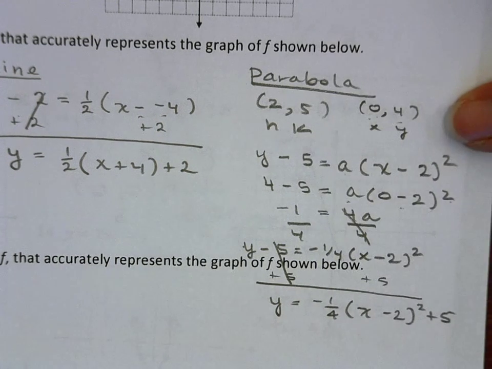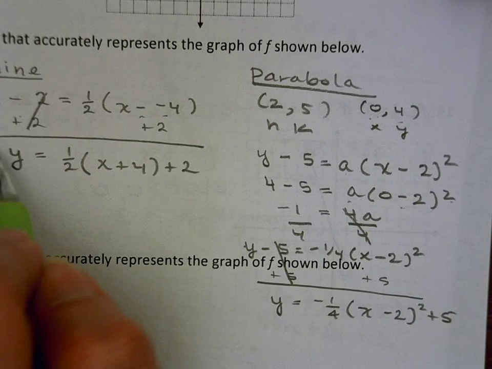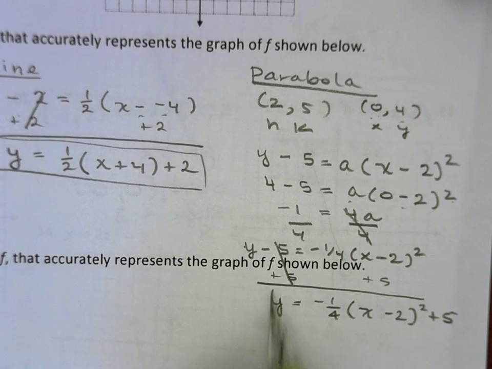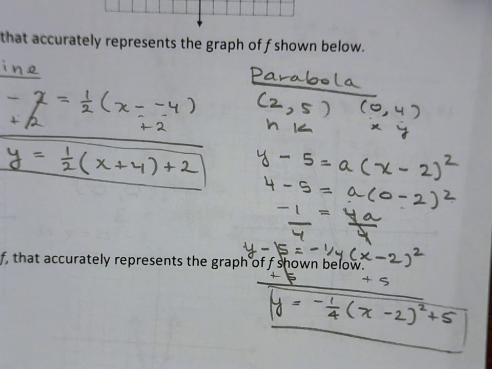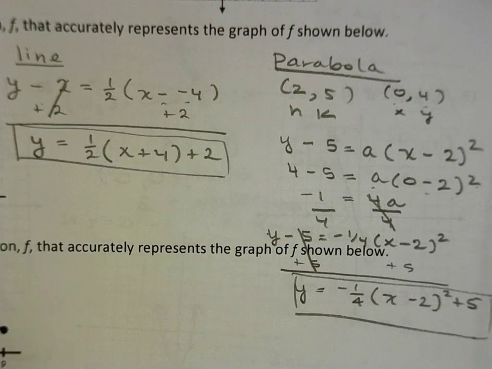Okay, so I kind of have everything everywhere. All right, so here's my two equations. I've got my line and I have my parabola. So that's going to be the portion for my f of x, so I'm going to squeeze that in here.